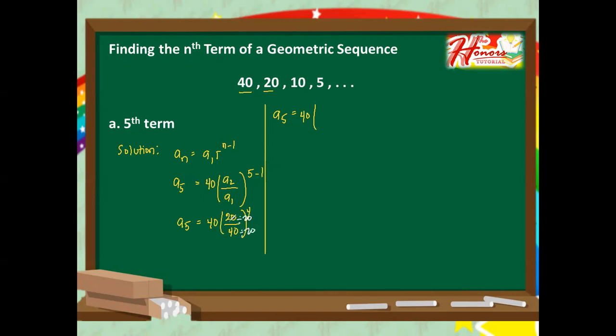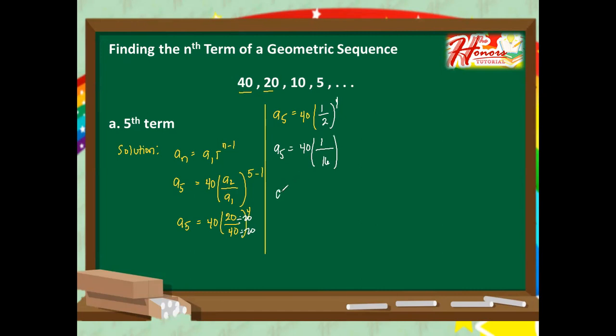So 20 divided by 20 is 1, 40 divided by 20 is 2. So we have 1 half raised to 4. Let's continue. a sub 5 is equal to 40, and then 1 raised to 4 is 1. 2 raised to 4 means 2 times 2 is 4, times 2 is 8, times 2 is 16. So we have 16.